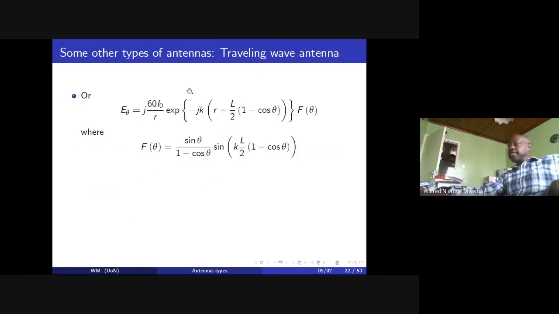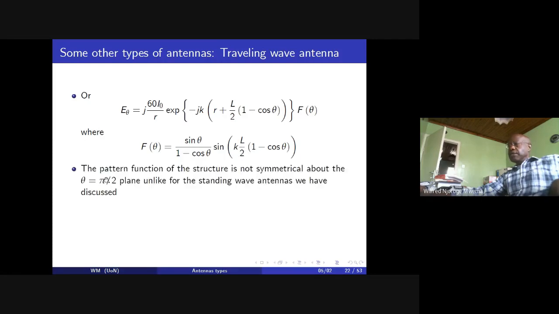So E theta will therefore be given by that expression multiplied by the pattern factor f theta, where f theta is of course given by sine theta over 1 minus cos theta, times sine of kL by 2 into 1 minus cos theta. So the pattern function of the structure is not symmetrical about the theta equal to pi by 2 plane, unlike the resonant standing wave antennas such as the lambda by 2 dipole.